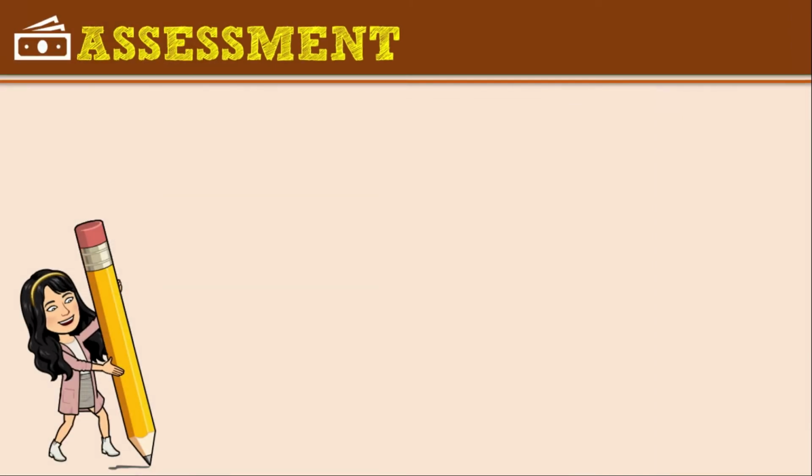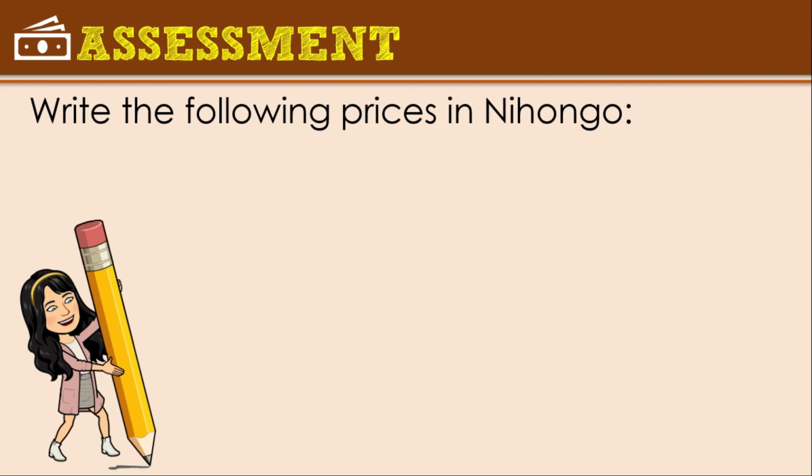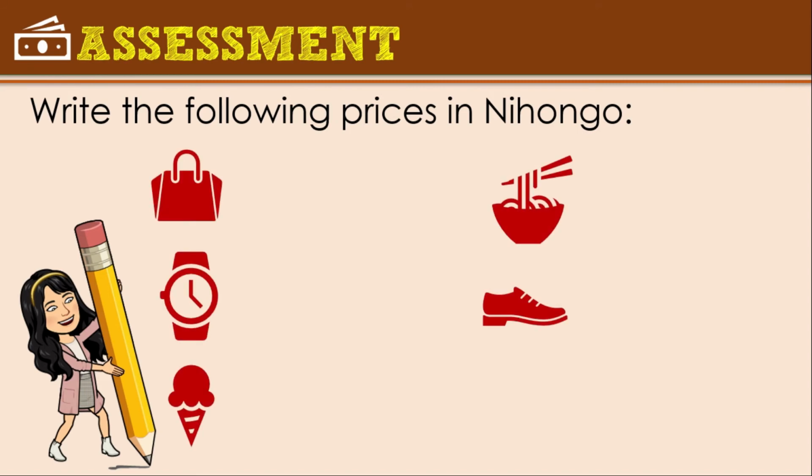This is for our assessment. Write the following prices in Nihongo. These are the objects. You have a bag, a watch, an ice cream, a ramen, and a shoe. What do you think are the prices? Let's see.